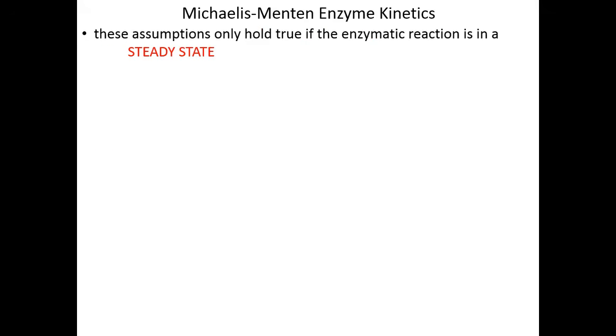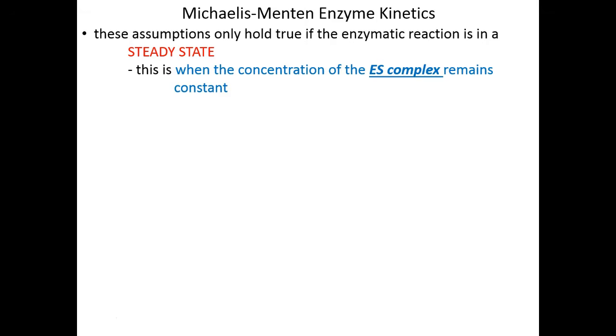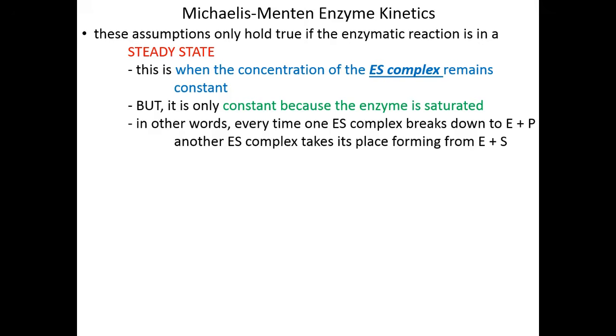Everything we're talking about here only holds true if the enzymatic reaction we're considering is in what is called the steady state. The steady state is when the concentration of the enzyme substrate complex remains constant. That's a fancy way of saying that's when the enzyme is saturated. So in order to do these calculations and get these numbers, we need far, far more substrate available than the enzyme can work on at any one time.